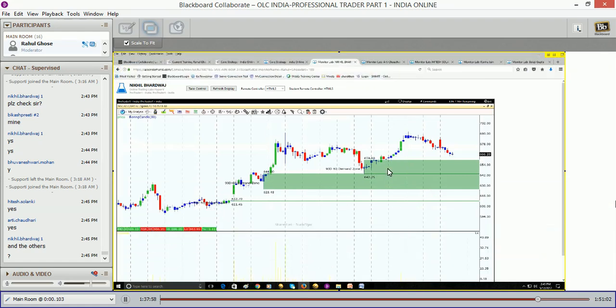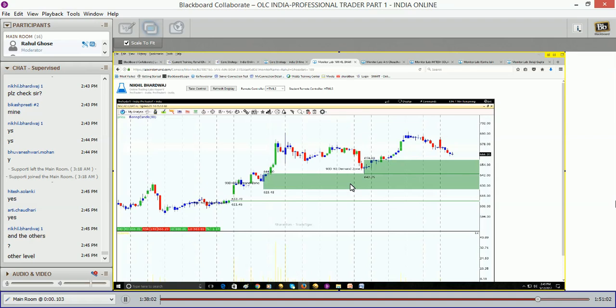But the other two, so the first one is tested. Now the second one, Nikhil, what do you feel? Is the second level tested? Remove the first one and check.